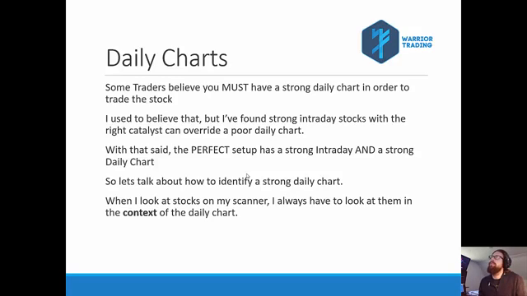Now, there's also a difference between perfect daily charts and just outright bad daily charts. And this is where we can start to combine things like, well, today's a day where we have 5 gappers, and 2 of them have great daily charts, and 3 of them have bad daily charts. And of the 3 that have bad daily charts, 1 of them has one of these headlines that sounds like a joke.